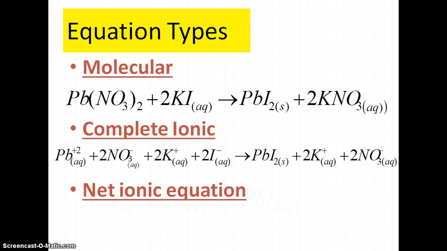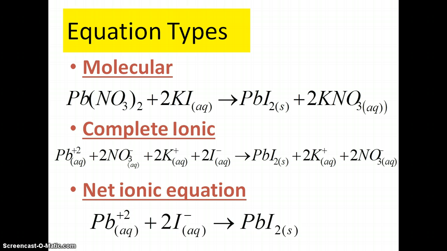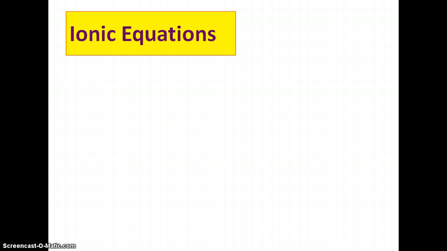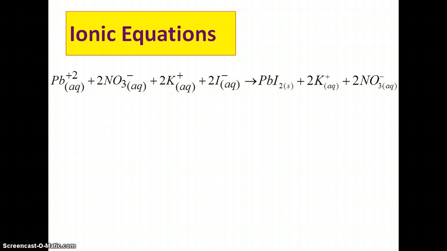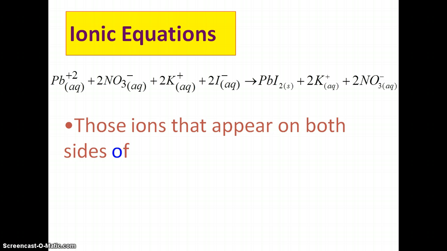And then the net ionic equation is when you take out all the spectator ions, or the ions that appear on both sides of the equation, and you get just what's really happening in the equation, what's really changing in that environment.